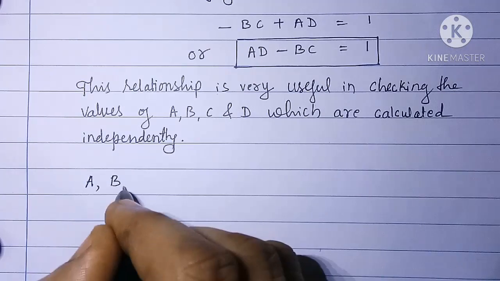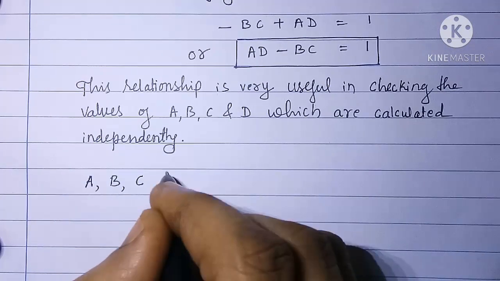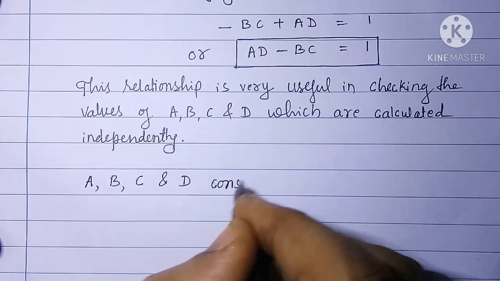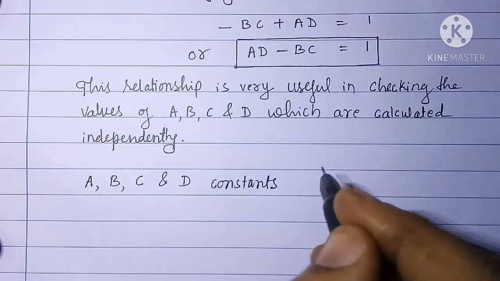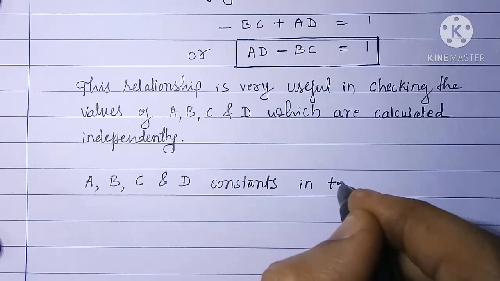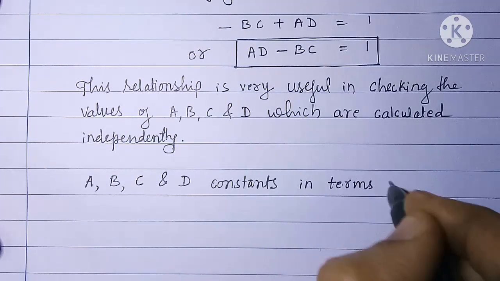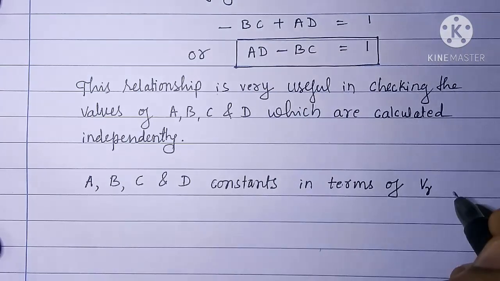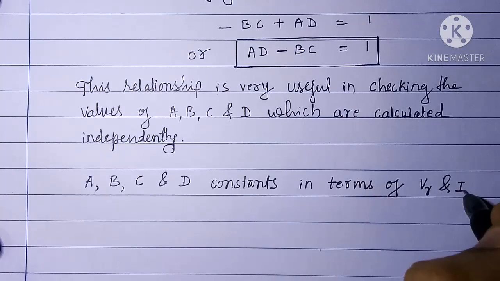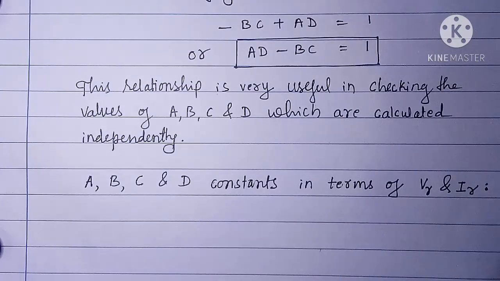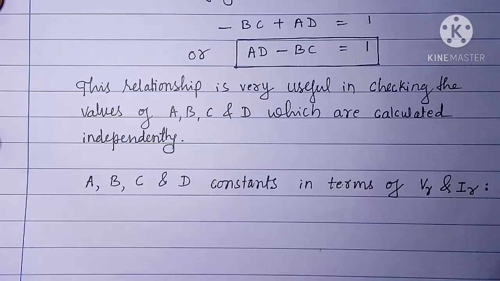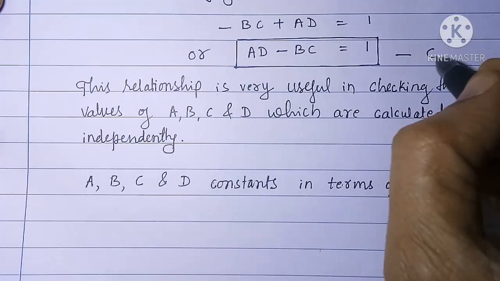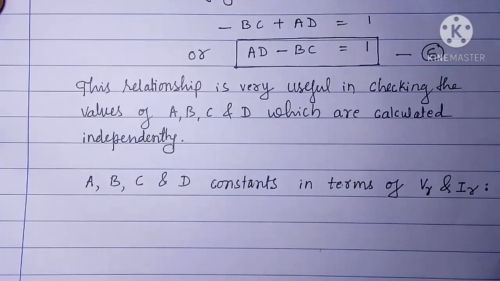Next we'll take ABCD constants in terms of receiving end quantities, that is VR and IR. At the same time, I would like to call this as equation 6.